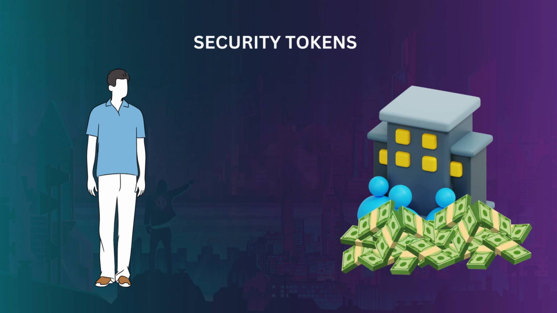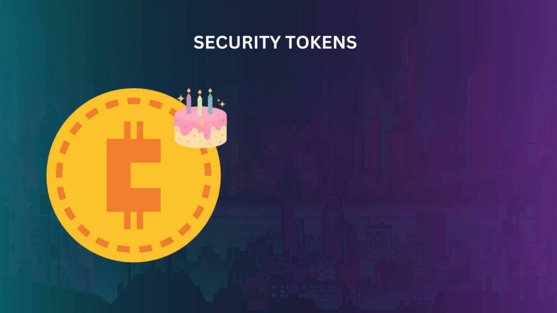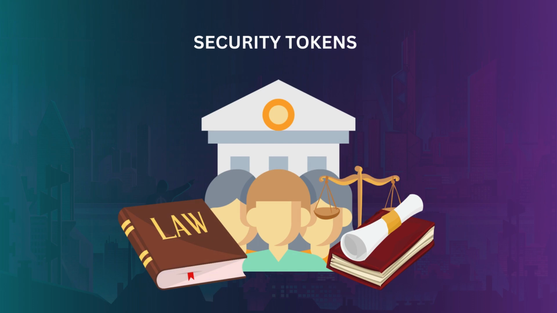If the company makes money, you might get a slice of that profit. Or, if it's a property, you could get a share of the rent. But here's the catch. Because security tokens represent real-world assets and promise financial returns, they're regulated by the government to protect investors.